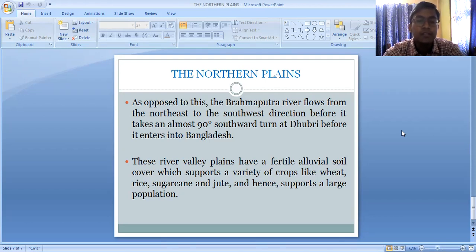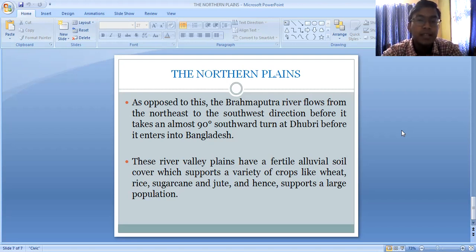This fertile alluvial soil helps in growing different types of crops such as wheat, rice, sugarcane, and jute. In this part of the northern plains, we can find a huge population of our country. A higher concentration of the population lives in the northern plains.